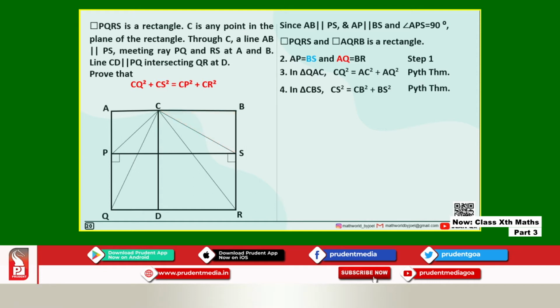Next we will try and equate certain things. So here what we have done is we have added step number 3 and step number 4. And if you look, why have we done that suddenly? Because look at step number 5. The left hand side CQ square plus CS square is added, right? And if you look at what we are asked to prove, we are already done with that left hand side.